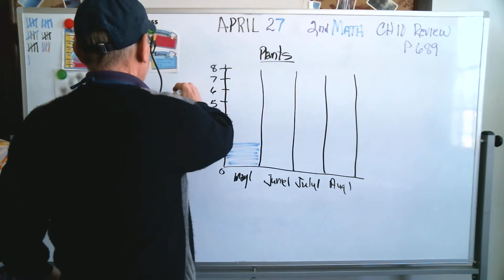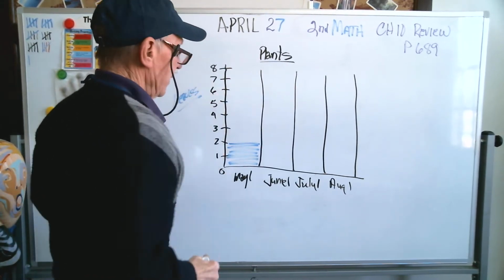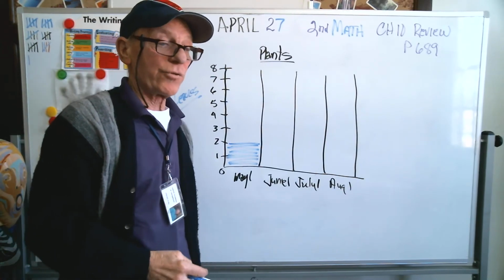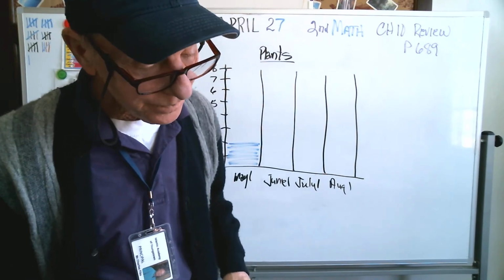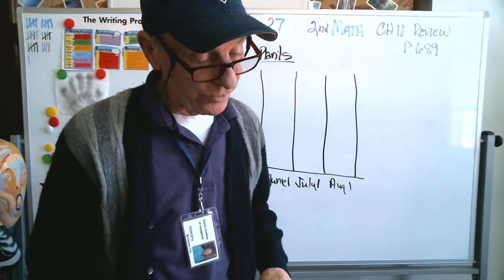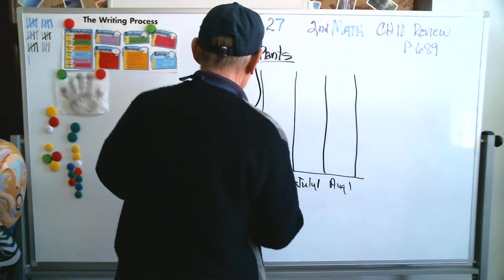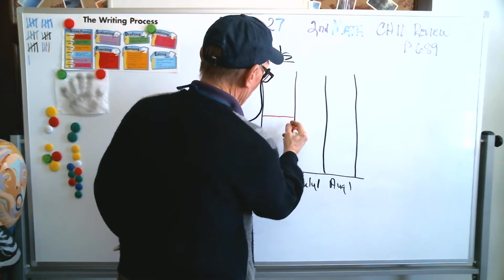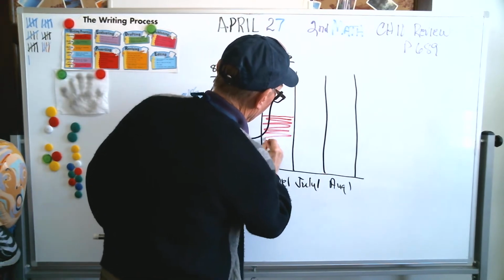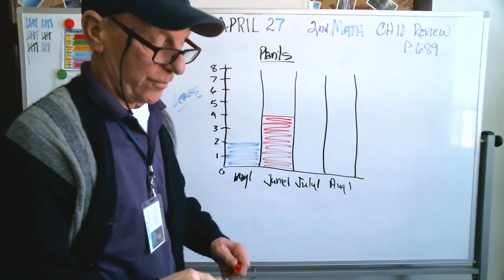These are the leaves on this side. Obviously, those are the months. On June 1st, there were 4 leaves. So we find 4 here. We come across at 4. So here's our bar for June 1st.